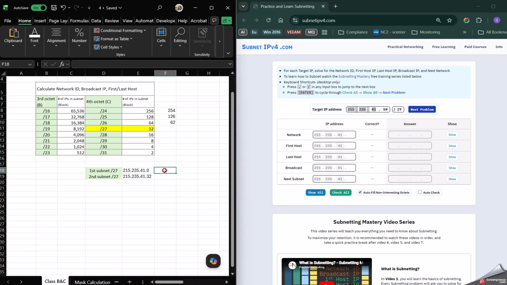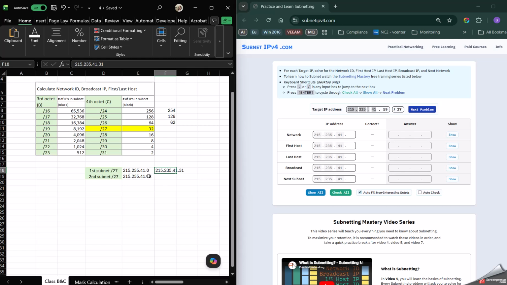Okay, now the last IP would be the one before this one. So what I did in my mind, I calculate the first and then the second, and obviously because this is the first IP from the second subnet, the last IP from the first subnet would be 215.235.41.31. Okay, so that would be the last IP from the first subnet of /27.